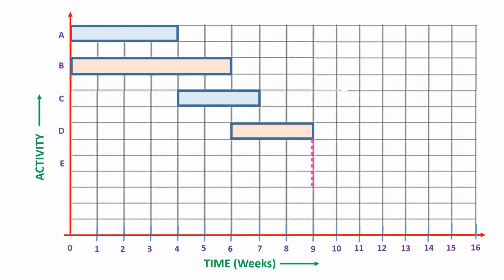Activity D is completed at time t equal to 9. Therefore, the start time for activity E is time t equal to 9, and it is taking a duration of 4 weeks. Therefore, the bar chart for activity E will look something like this. We'll move on to the next relation.